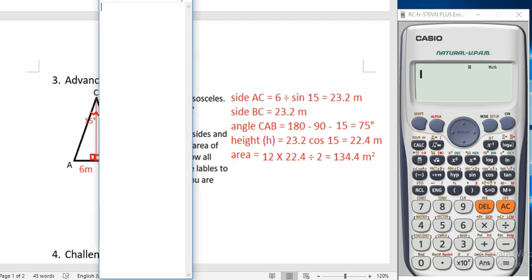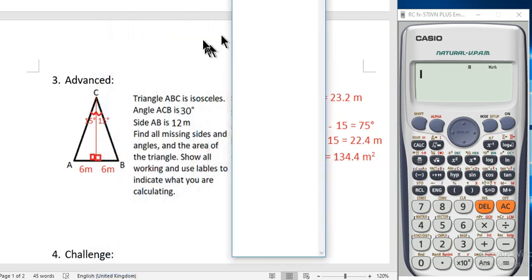You may be interested to find out how we got this 6 meters. Well, side AB is 12 meters. That's what we're given. All the way from point A to point B is 12 meters across the bottom. The base of the larger triangle that encompasses the two triangles here is 12 meters.